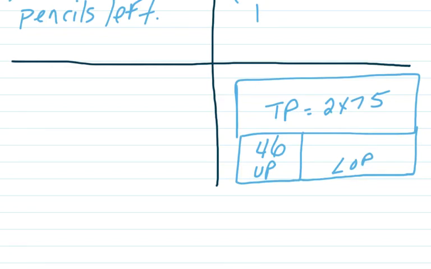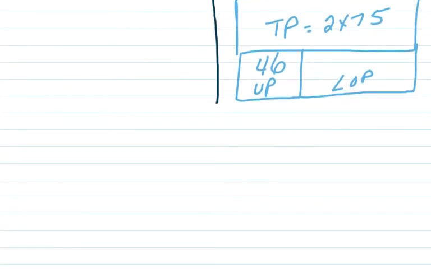So now let me turn this strip diagram into an equation. And I messed up right there, guys. That shouldn't say 2 times 75. That should be TP. So total pencils equals leftover pencils plus used pencils.